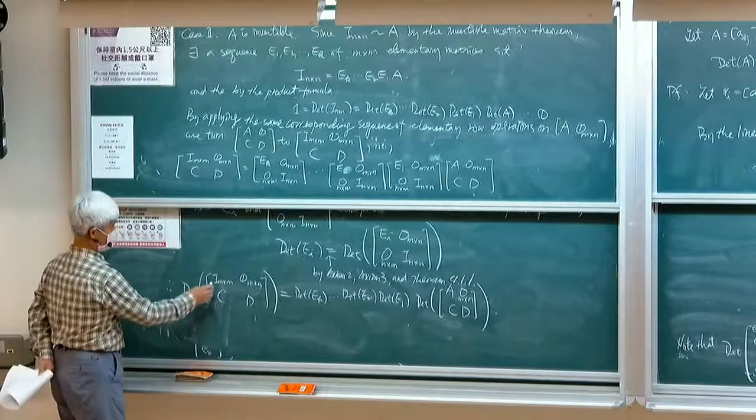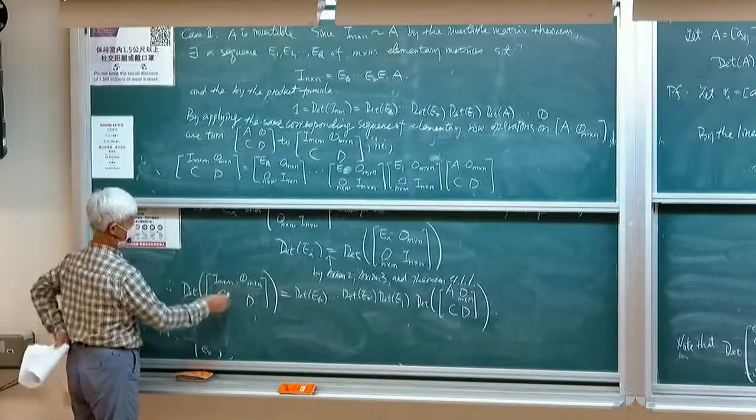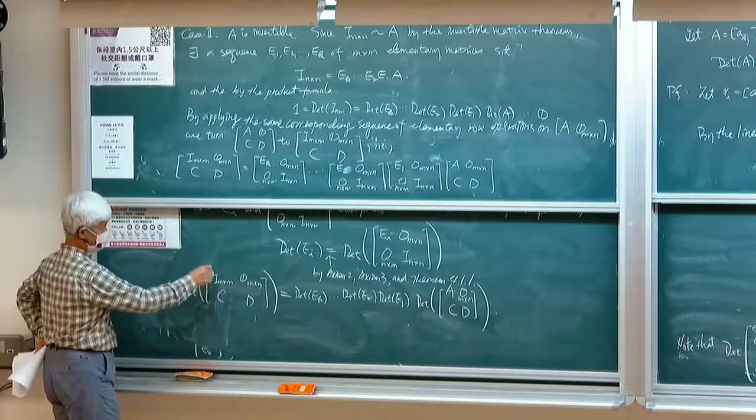Now, this is the identity matrix, right? So each column has a 1.